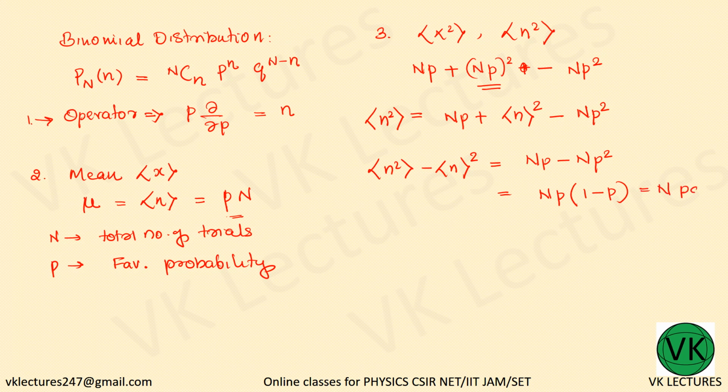And this is nothing but the variance, sigma squared. So sigma squared is equal to npq, and thus sigma is equal to root of npq.